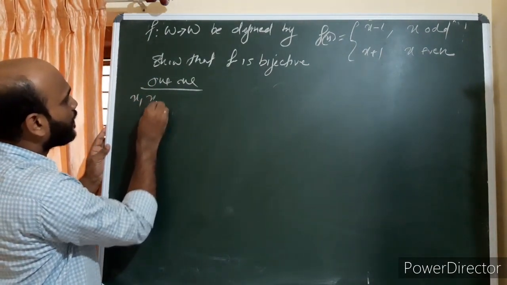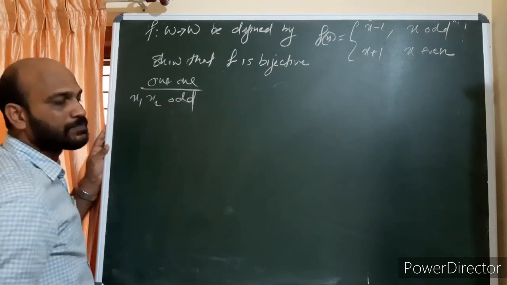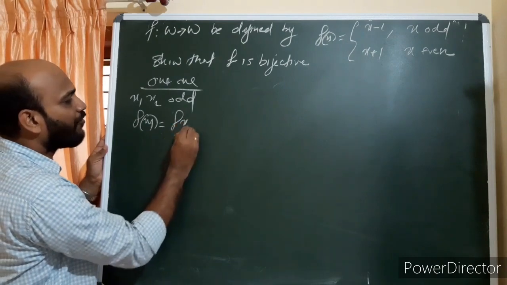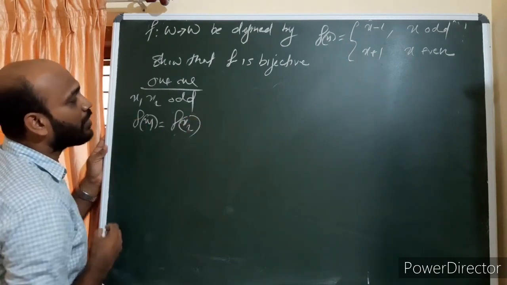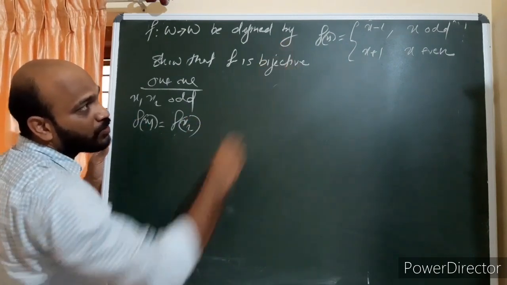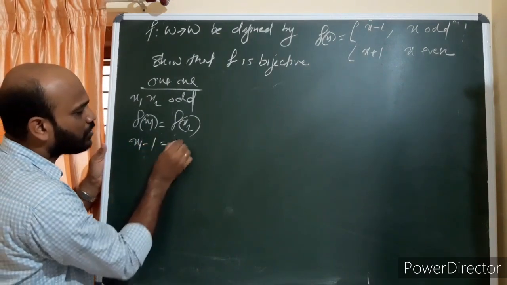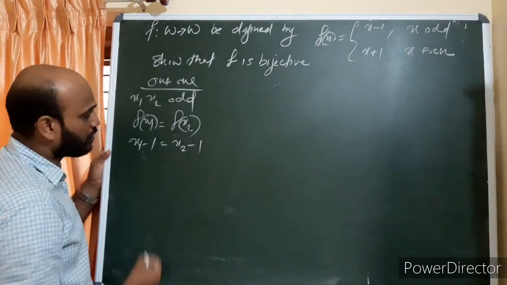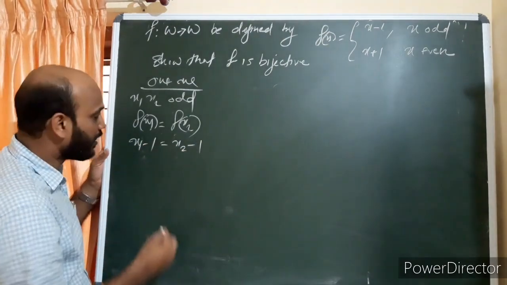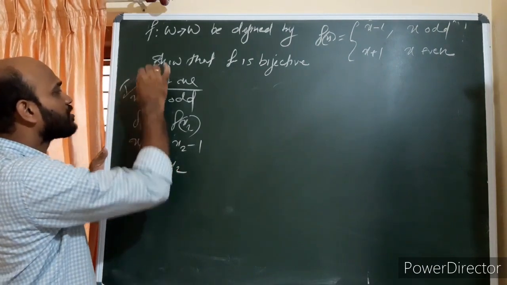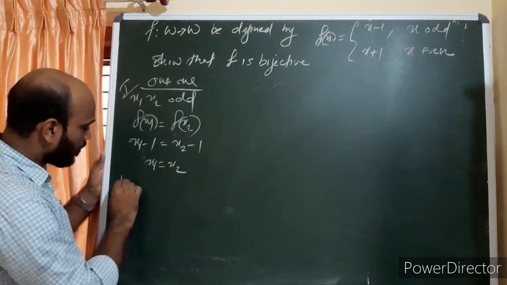x1, x2 odd, such that f of x1 equal to f of x2. Since x1 and x2 are odd, we have to use the first definition. So it will be x1 minus 1 is equal to x2 minus 1. You can cancel minus 1 from both sides, so you get x1 equal to x2. So case 1 is okay for 1-1. Now case 2.